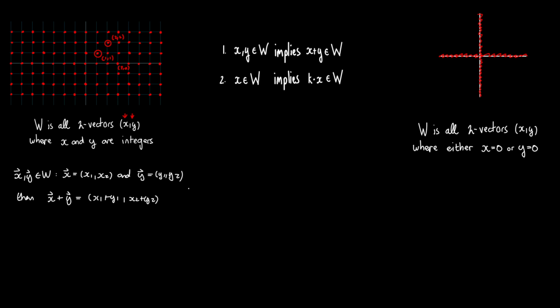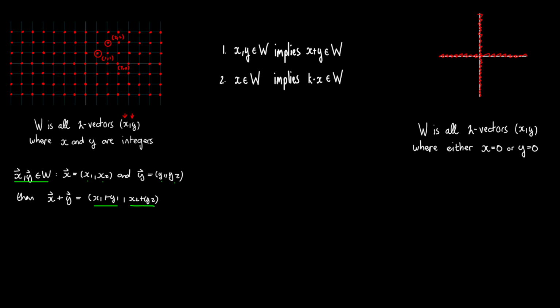Now, if we've assumed that x and y are in W, it means that all these numbers are whole numbers, integers. And if I add two integers, I get another integer.